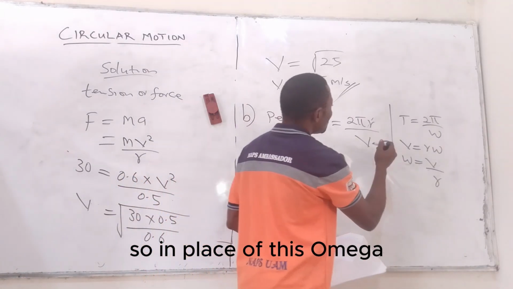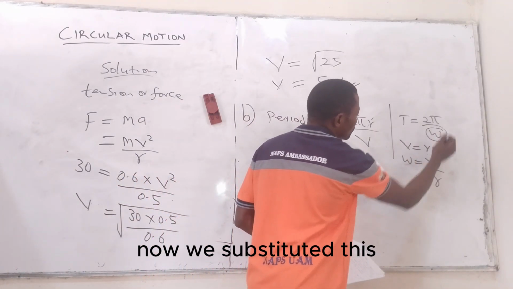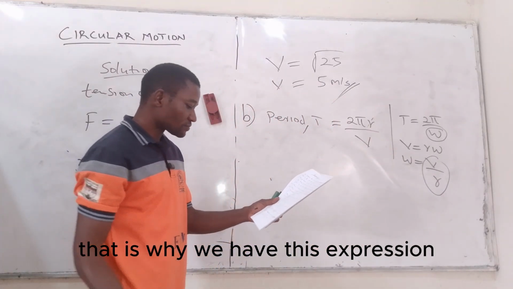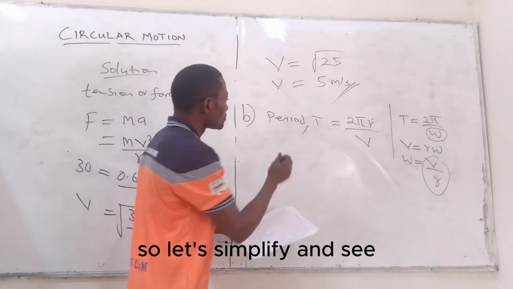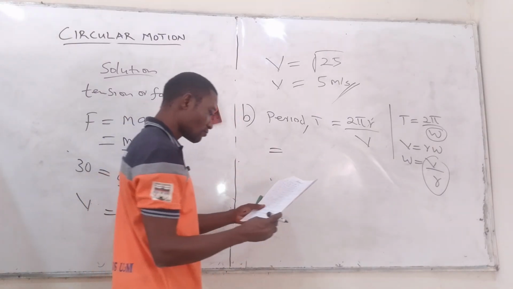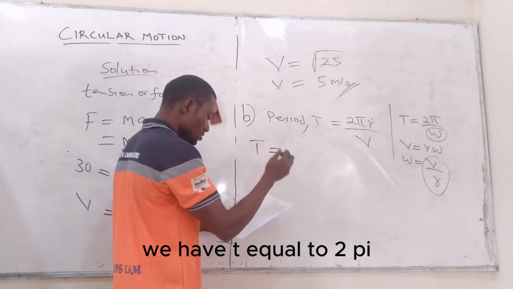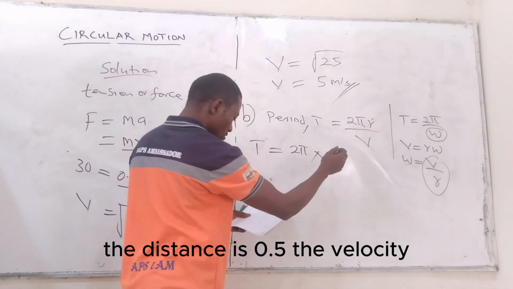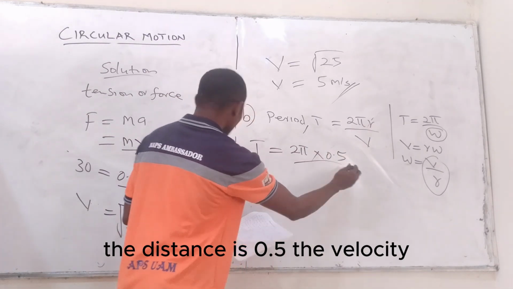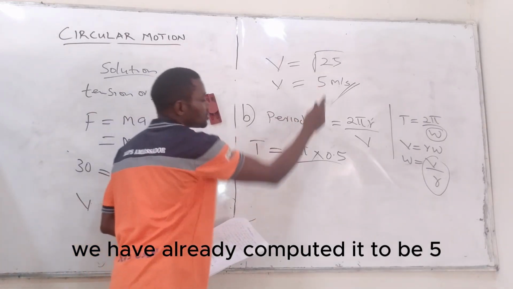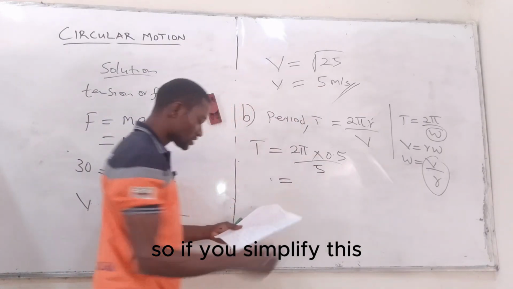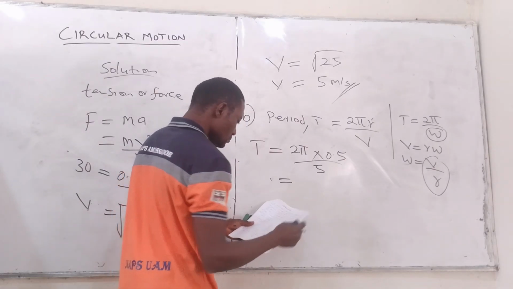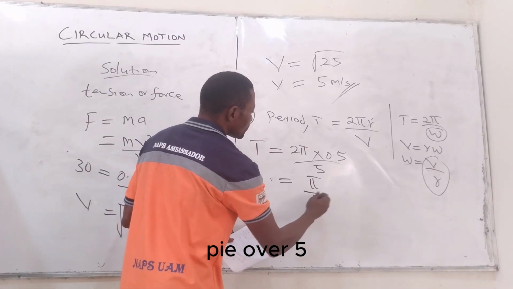In place of omega, we substituted this. That is why we have this expression. So let's simplify and see. We have T equal to 2 pi times the distance 0.5, over the velocity, which we have already computed to be 5. If you simplify this, you will have pi over 5.